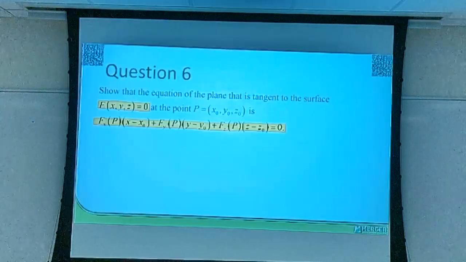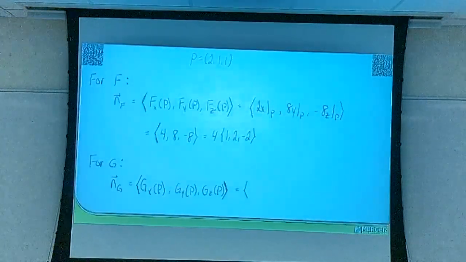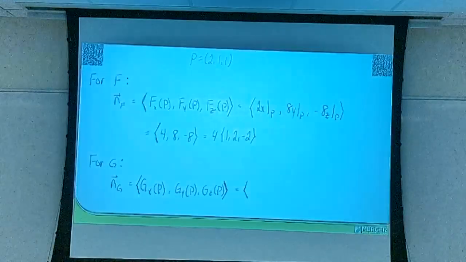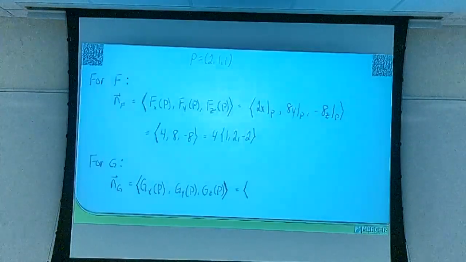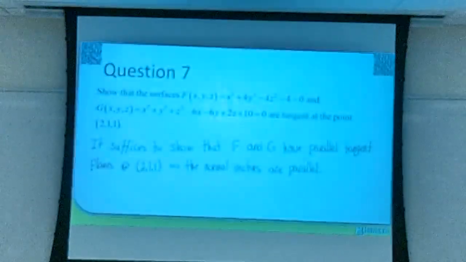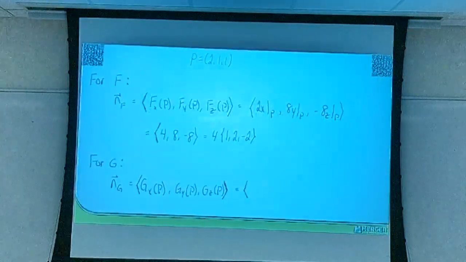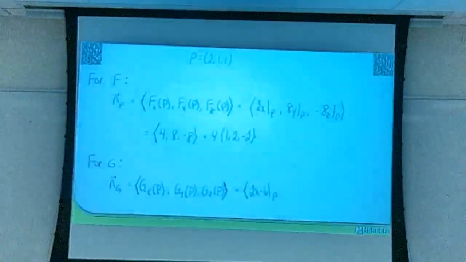What's G sub x? We showed the previous one. It's 2x minus 6. What about y? 2y minus 6. And what about z? 2z minus 2, or plus 2 really.